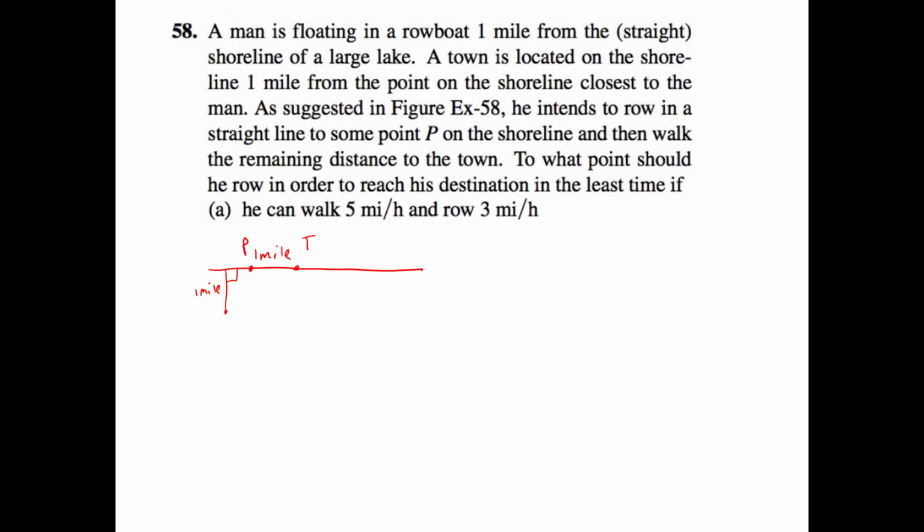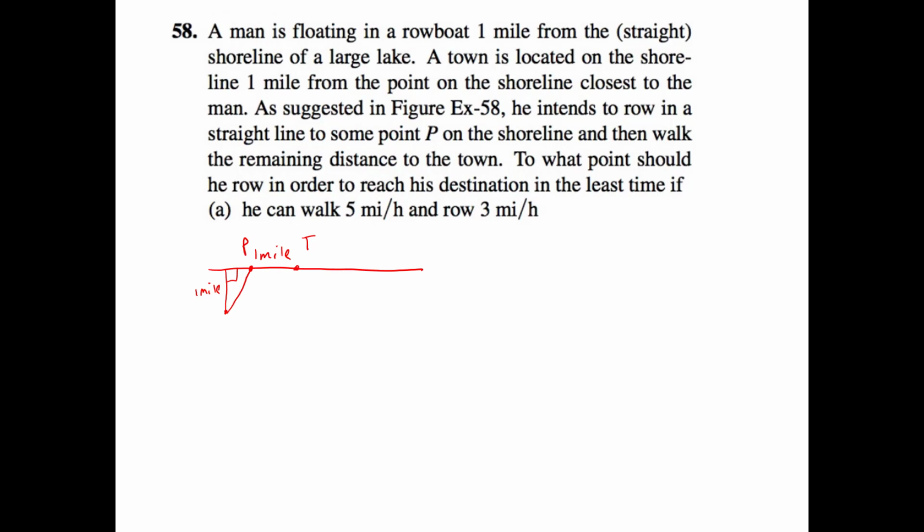So the distance is least if he rows straight to the town, but he can row slower than he can walk. So then he doesn't want to go straight to the town, because that would take him more time. That's the least amount of distance. So instead, he's going to row to some point P, and then walk the remaining way.